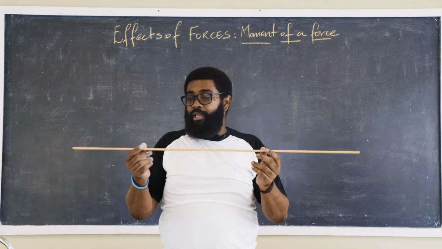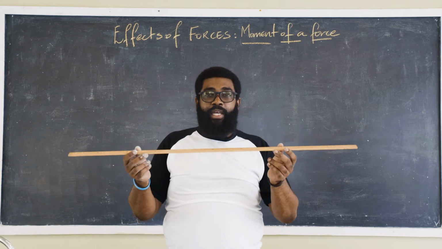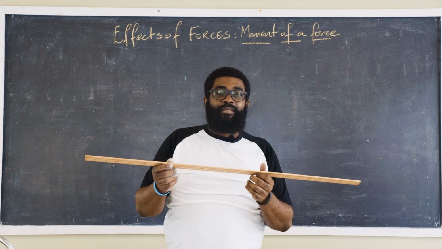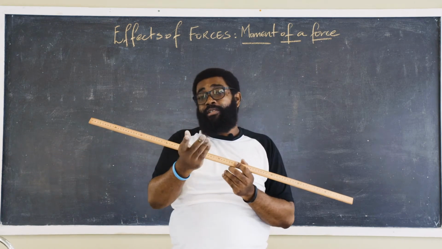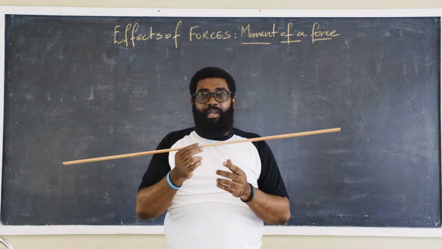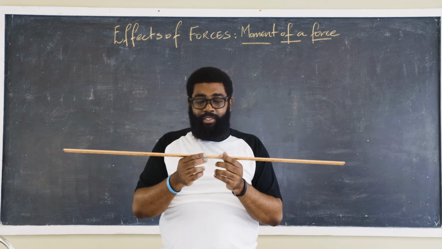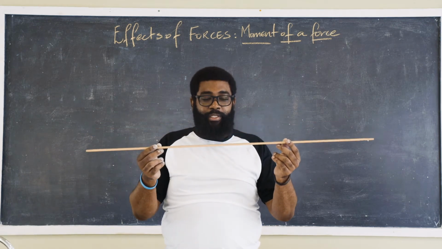That means if I cut it into 50 equal lengths, each length will have the same amount of mass. Now, mass is the amount of substance an object contains, as we did say in a previous episode. And mass has weight as a result of the action of gravity. So because this ruler has mass, it then has weight.